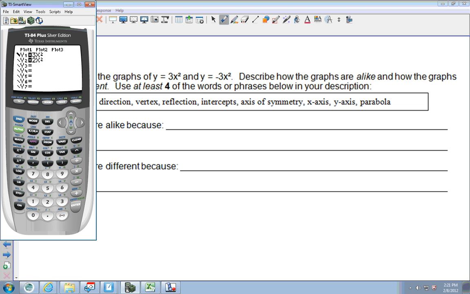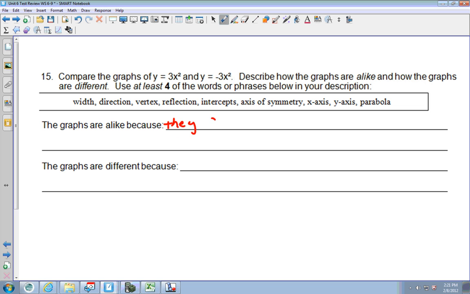Let's go down here and make this -3x squared and press graph. Well, how are they the same? Both of them are parabolas.